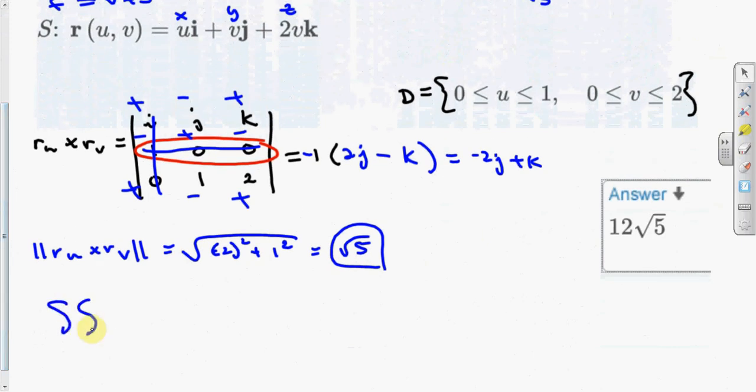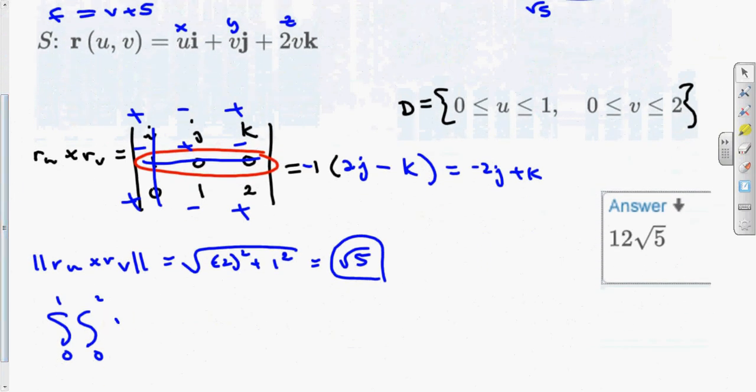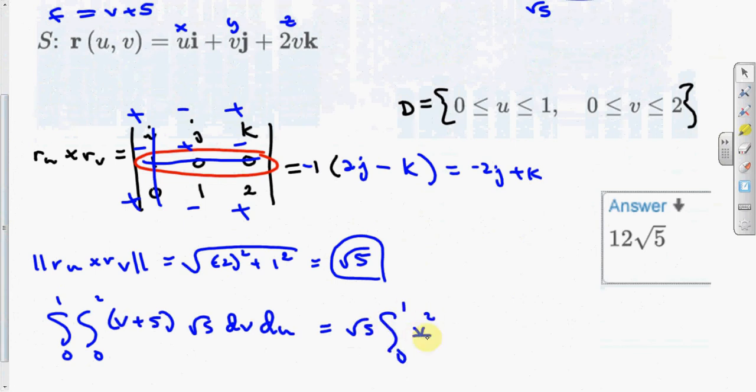So we have the double integral. u goes from 0 to 1, v goes from 0 to 2. And this is the v plus 5 times the square root of 5, and then we're doing dv du. Put the square root of 5 out in front. Let's integrate with respect to v. So this is v squared over 2 plus 5v, evaluated from 0 to 2, du.